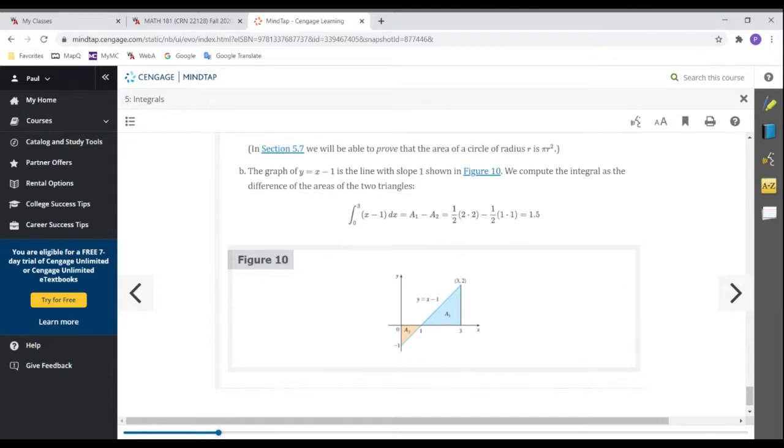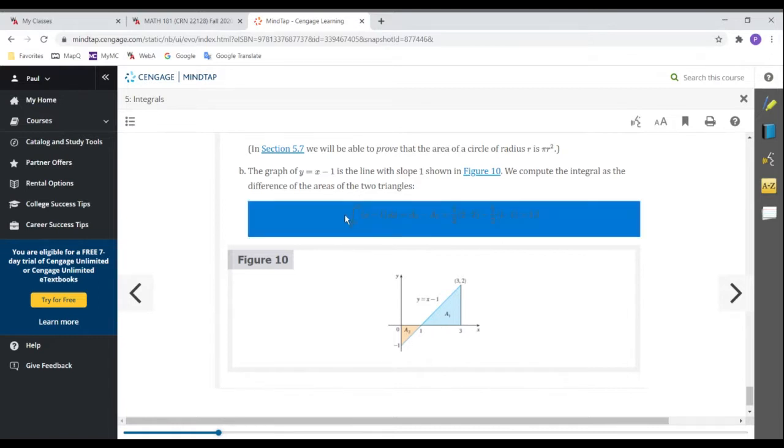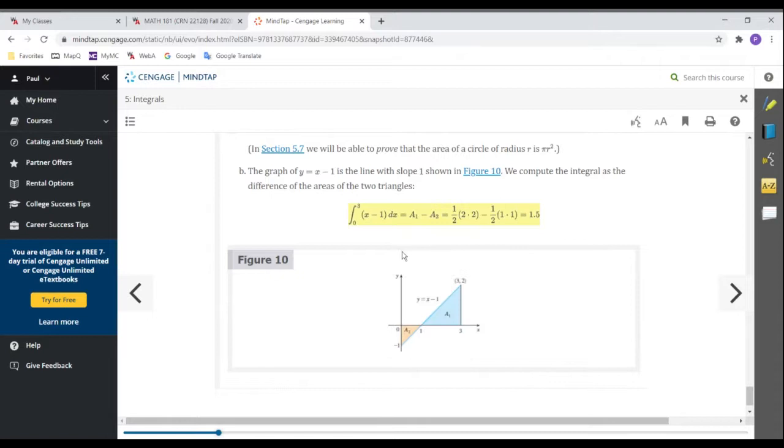And I have a negative area A2 and a positive area A1. So the definite integral is just going to be the net area, A1 minus A2. Now they're saying A1 is equal to 1/2 times 2 times 2. How are they getting that for A1?